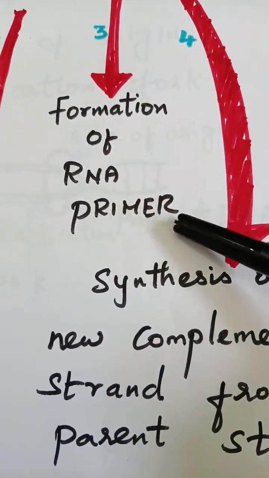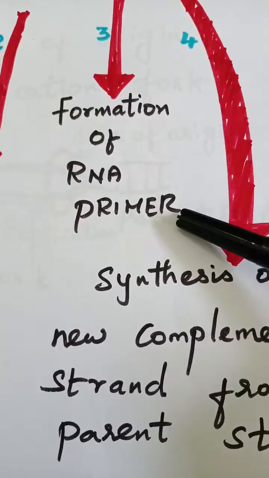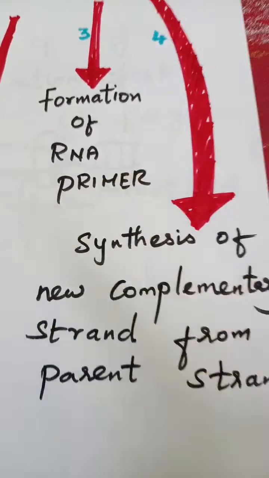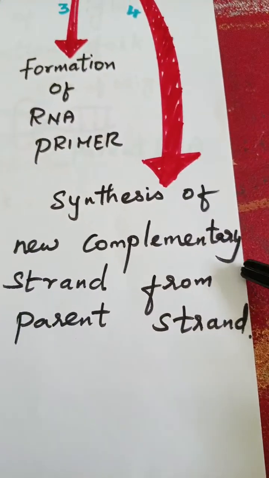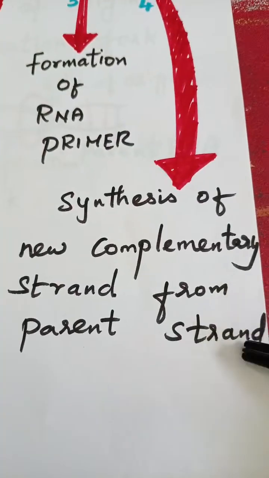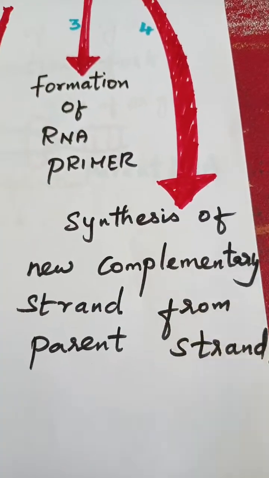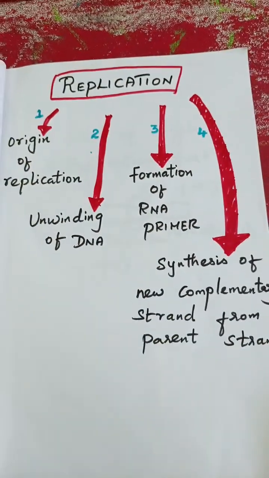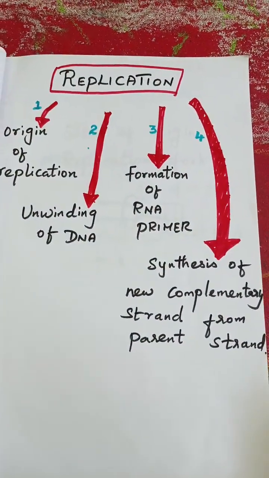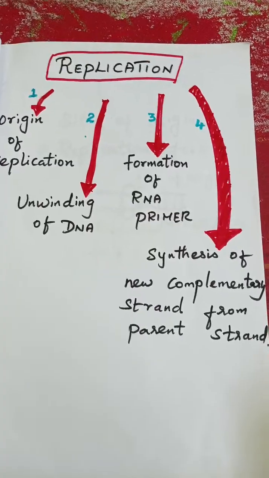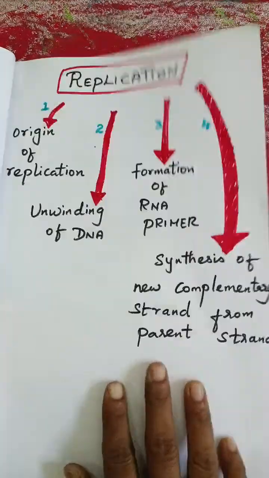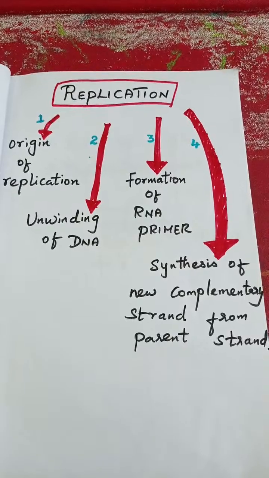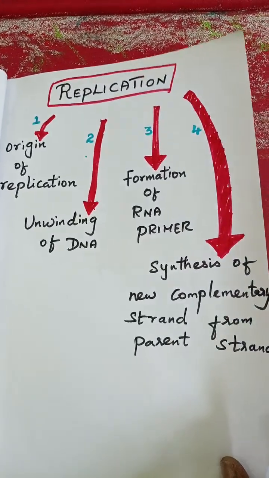This RNA primer will initiate the replication process, and finally you will get the new complementary strand from the parent strand. Understood? This is the general outline of replication. Is that clear? Yes, I understood that you are clear up to this. Let me go to the next step.